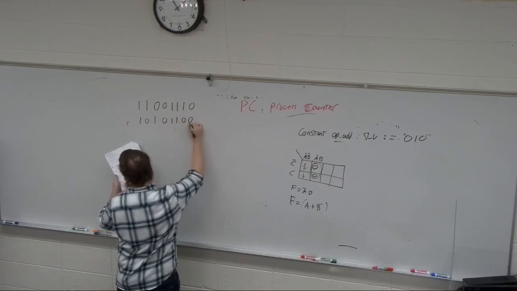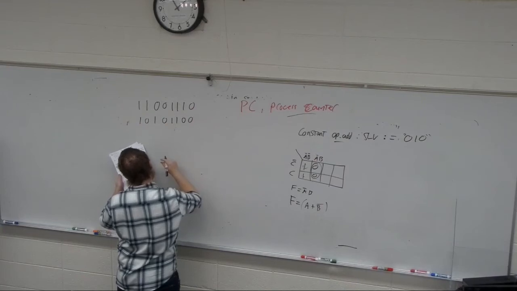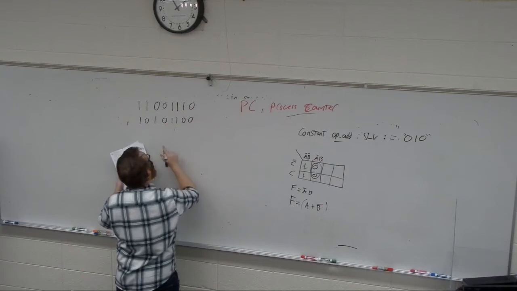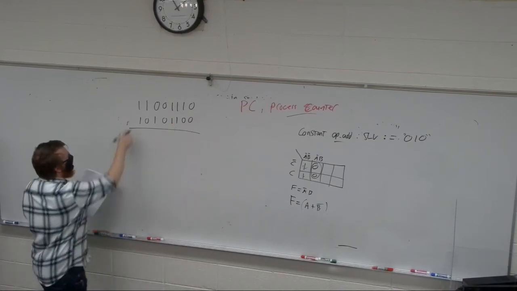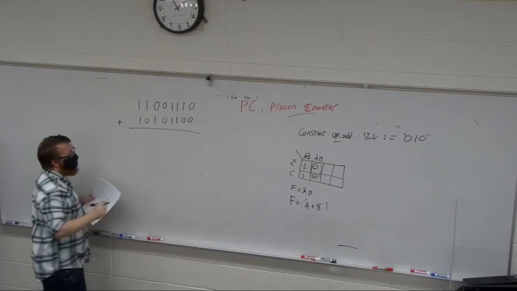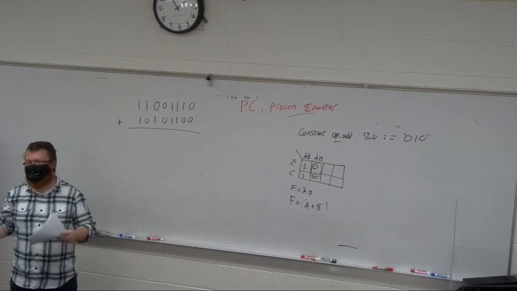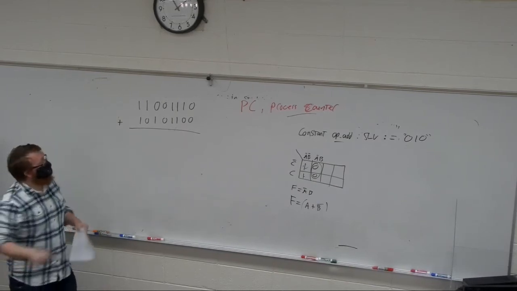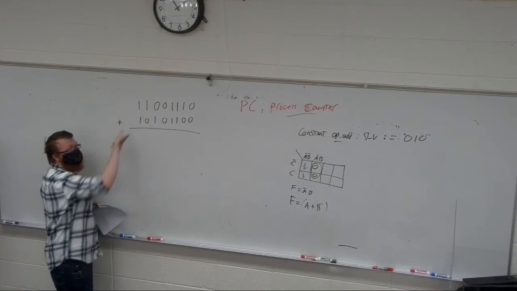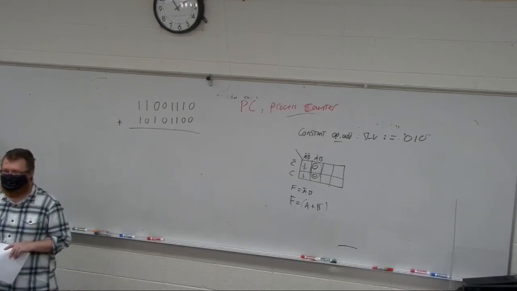So this is 5C. Yeah, this is 5C. And it would like us to add these two 2's complement numbers, right? They're 2's complement. So that means because the 1 is here, they're negative, right?